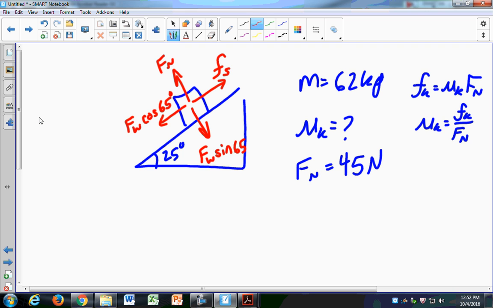And then this is going to be Fs. The problem says that he is 62 kilograms. We'll assume that he's not accelerating, so that Fs is equal to Fw cosine of 65.